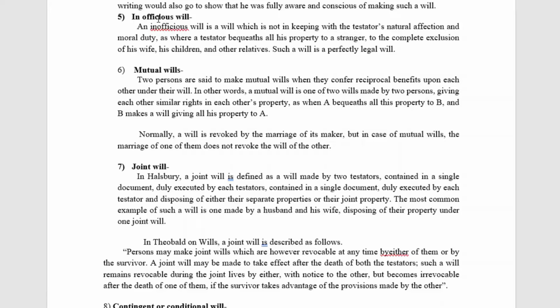So what is the specialty of the officious will? Normally this will can be done on the basis of natural love and affection. But in the officious will, the will can be done in favor of some stranger, excluding his wife and children.